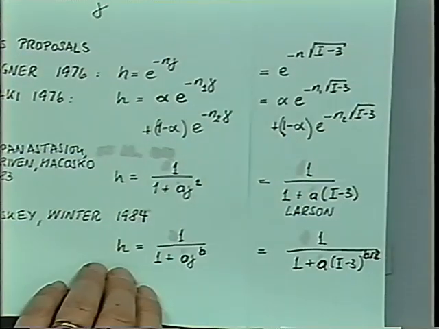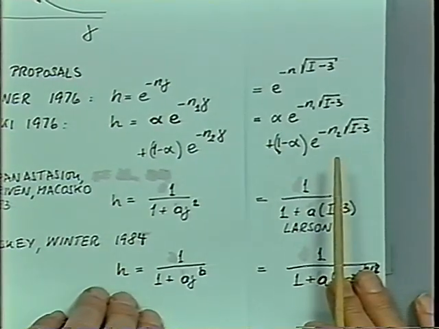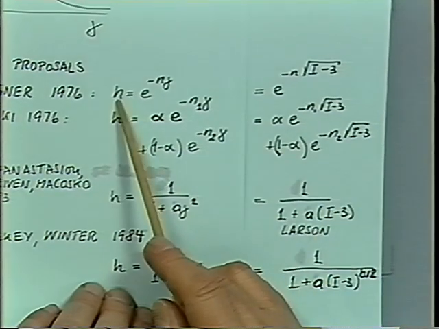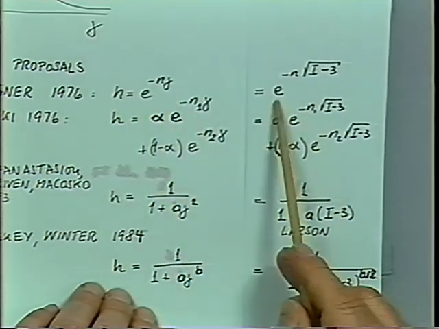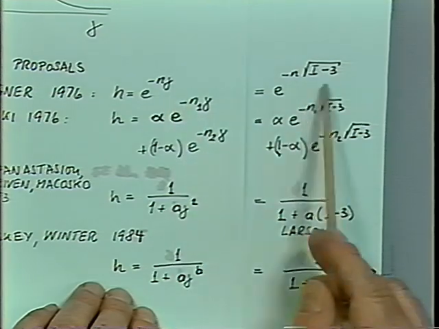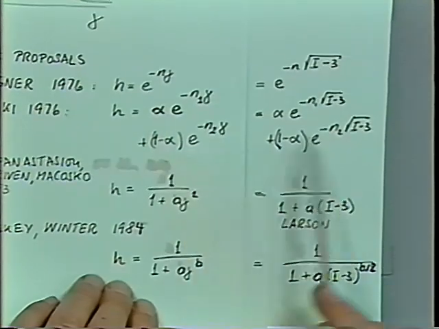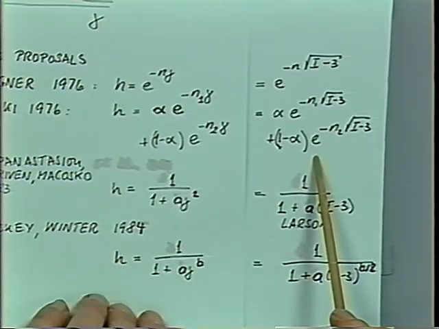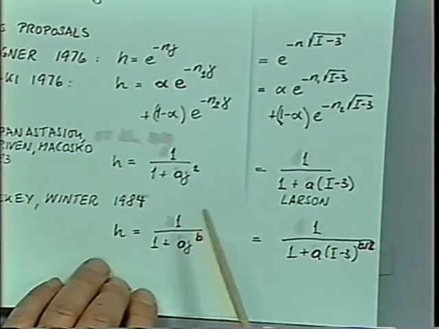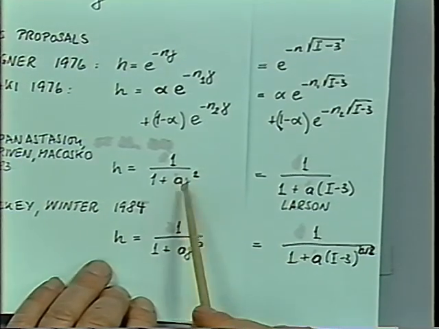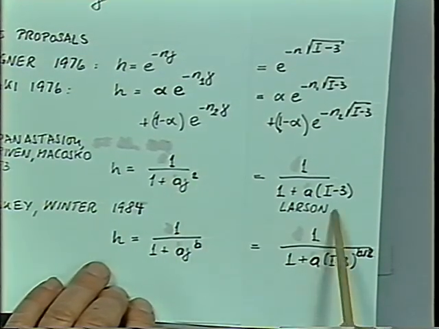Let's formulate the strain functions in terms of the only invariant which we are talking about. I'll just call it I and use Wagner's single exponential with gamma being just the root of I minus 3, or Osaki's two contributions here, or Papanastasiou's form here in this form with invariant.